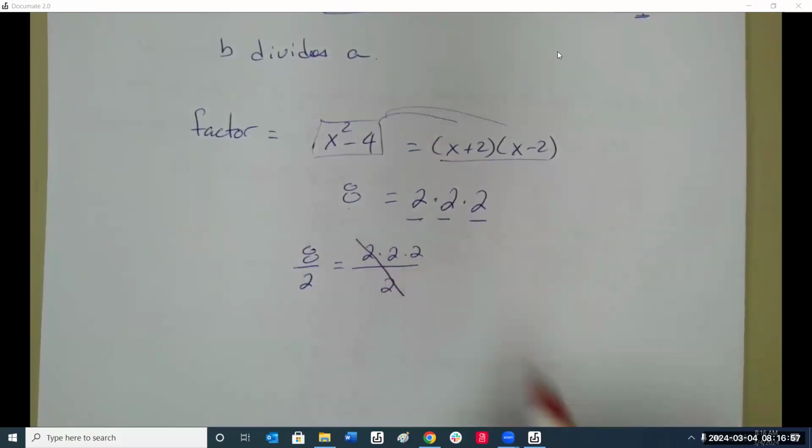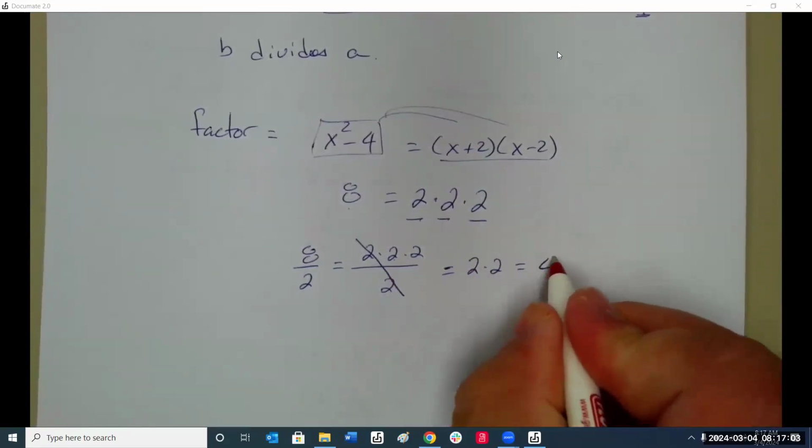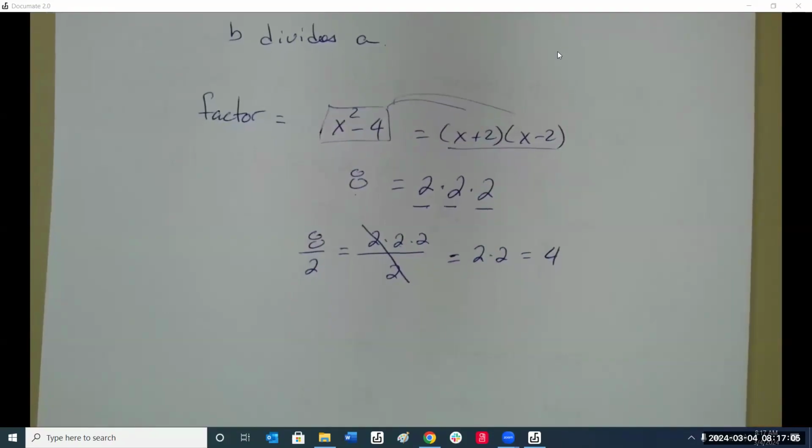If 2 cancels, then it's a factor. In essence, that's what you're really doing when you do division. You're canceling out what they have in common. And if you think about it, that's the way you always do division when you're assigned problems like this.